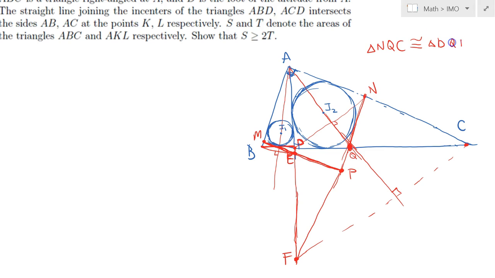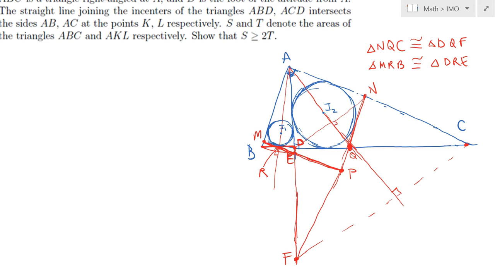And in a similar way, if I call this tangency point between ray AI1 and BD as R, if you will, so that point here is R. Then triangle MRB is congruent to triangle DRE here. Yeah, so that should do it.